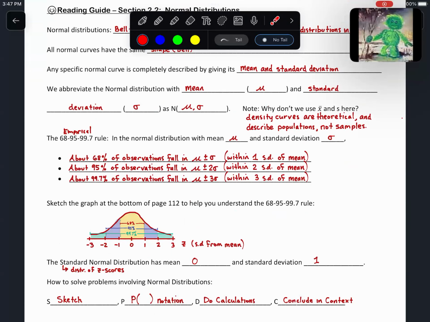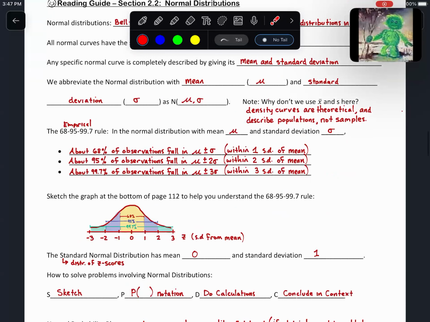And I'm scrolling down. It's also worth noting, and we talked about this in the last video, it's possible to take a distribution, whether it's normal or otherwise, and convert every value into a z-score using a z-score formula. And if you were to do that with the normal distribution, we convert all the data into its z-scores, you will find that the new mean is 0, and the size of the standard deviation is now 1.